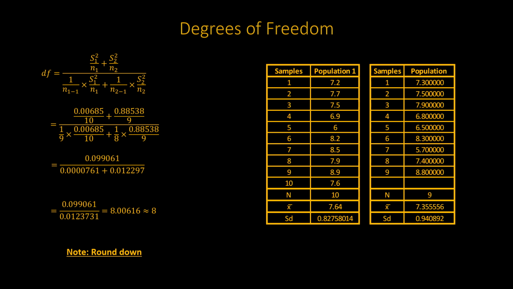Following through the calculations, we end up with 8.00616. Unlike the rules for rounding, to obtain the degree of freedom, we would round down, not up. With our example here, it is 8 degrees of freedom. It would be written as DF 8, P 0.05, t critical equals 2.306, as I have indicated on the previous slide.